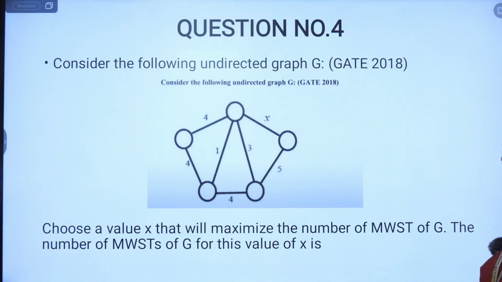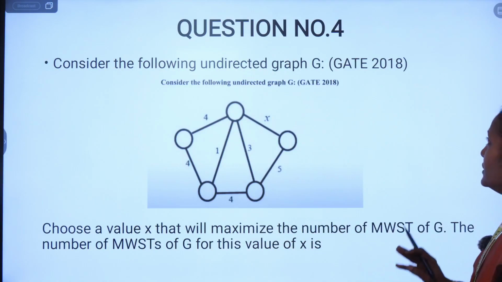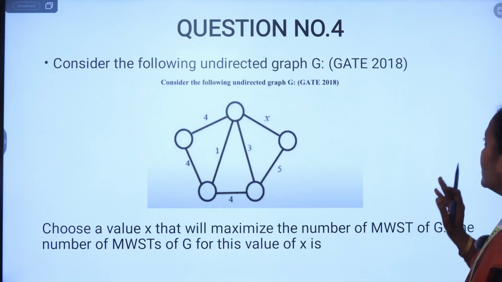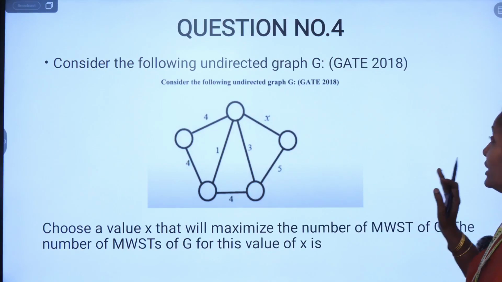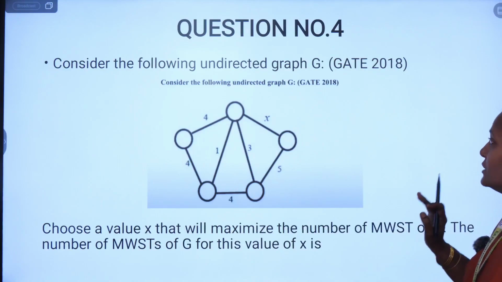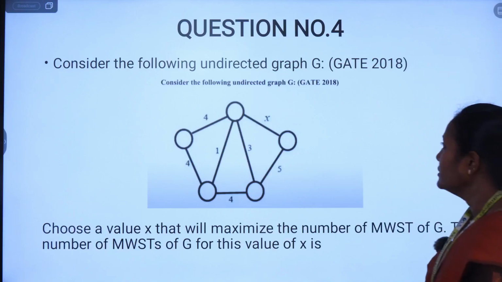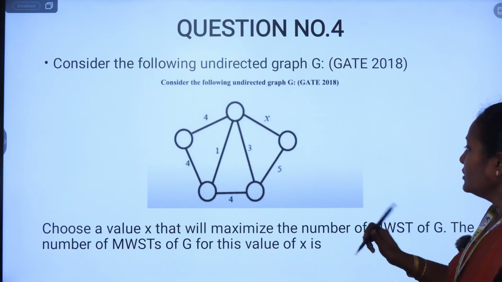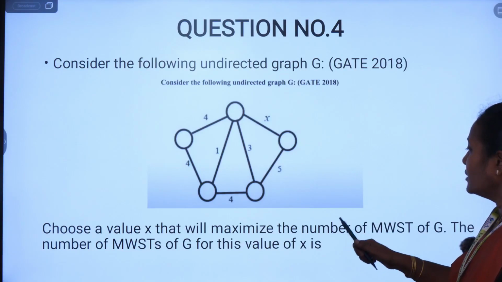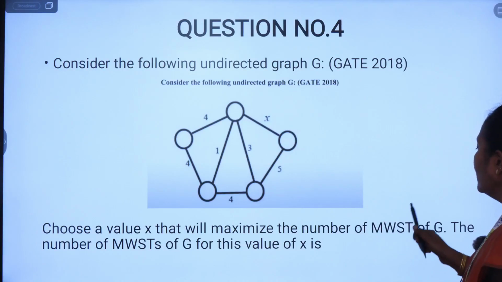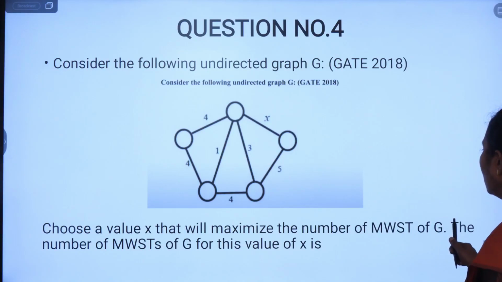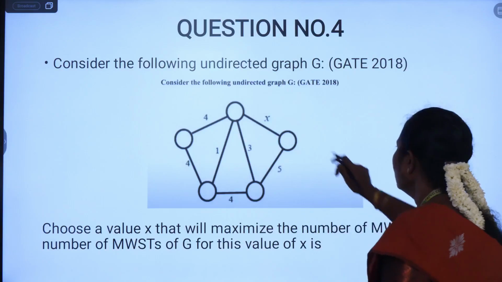Next one is an interesting problem, actually a GATE 2018 question. Consider the following undirected graph. Here choose a value X that will maximize the number of minimum weighted spanning trees of G. You are going to find the value for this one.